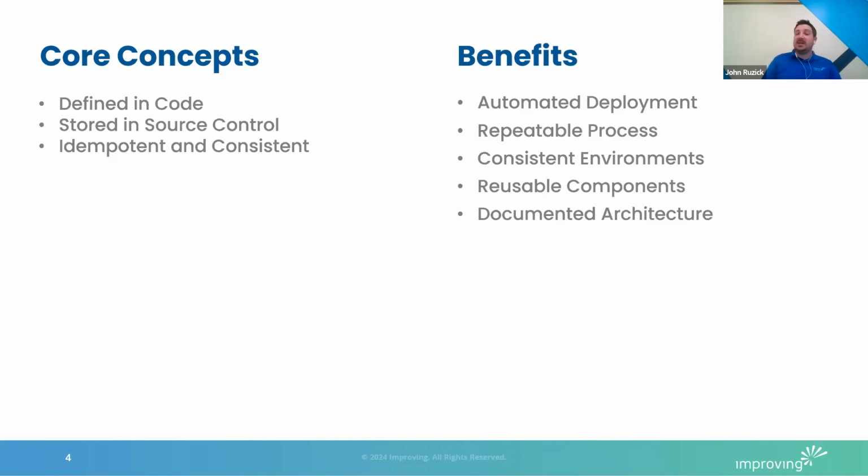It's independent and consistent, so it doesn't change unless we have traceability of what changes were made, and we've got a history of all of the changes. And then the application of that code is consistently applied. The big benefit of this is things like automated deployment.